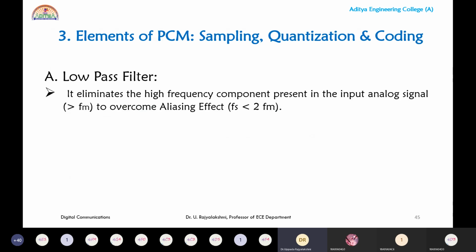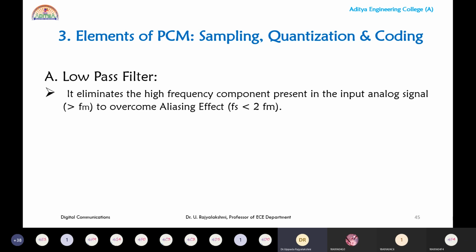So coming to the low pass filter. I already told you the importance of the low pass filter. It eliminates the high frequency components present in the input analog signal. So frequencies greater than FM will be eliminated, because Fs should always be greater than or equal to 2 FM.